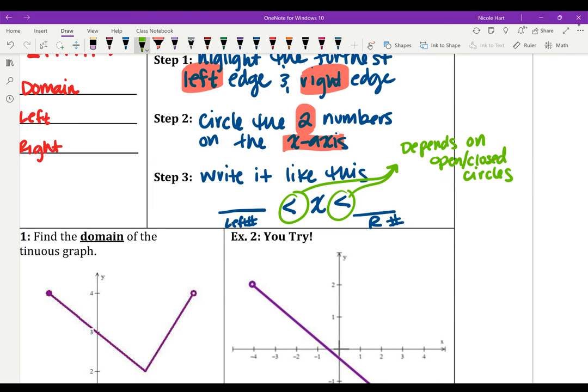So if it is an open circle, it gets a less than sign. If it is a filled in circle, it's going to get a less than or equal to sign. Okay, so if it's filled in, it gets a little line underneath. And that's going to be true for domain and for range. So we are going to see what this looks like.